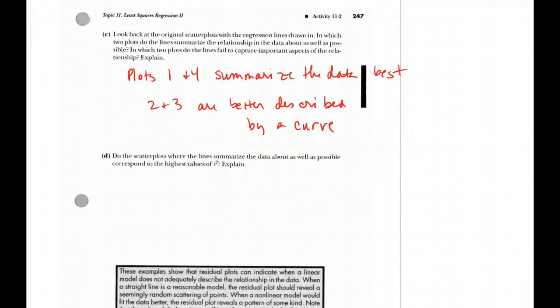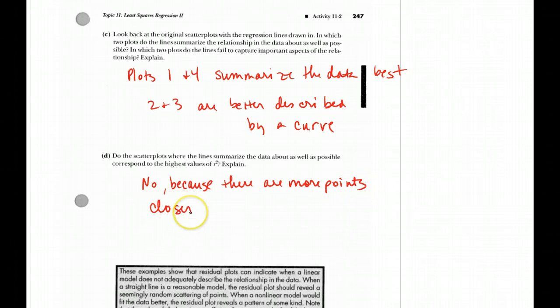Okay, so do these scatter plots where the lines summarized correspond to the highest values of R squared? And no, because there are more points closer to the line in the non-descriptive plots.